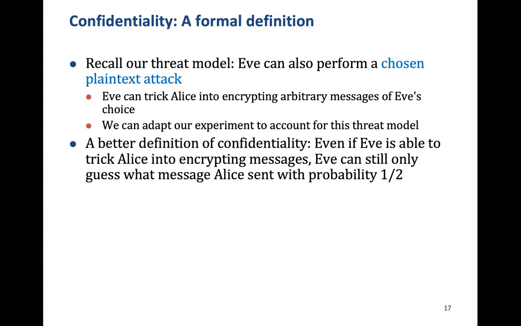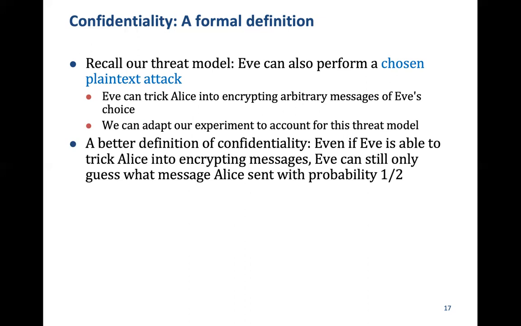It means that before M0 and M1 are sent, Eve sends a few messages, maybe n number of messages, to Alice, and gets the ciphertext back. Now after that, this experiment is done.